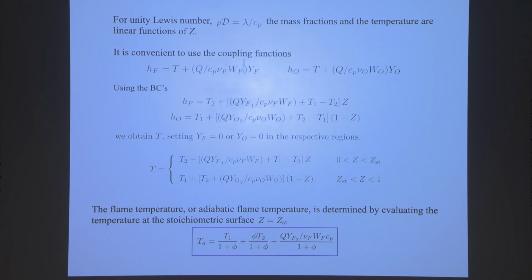It's a little different from what I have shown you before, only because I have assumed here that the temperatures T1 and T2 are not necessarily the same. If it's the same T, you reduce to the previous equation. It is the adiabatic flame temperature because we have assumed unity Lewis numbers, okay? So remember that. Otherwise, that's not the formula. We have seen that the flame temperature otherwise depends on the Lewis number.